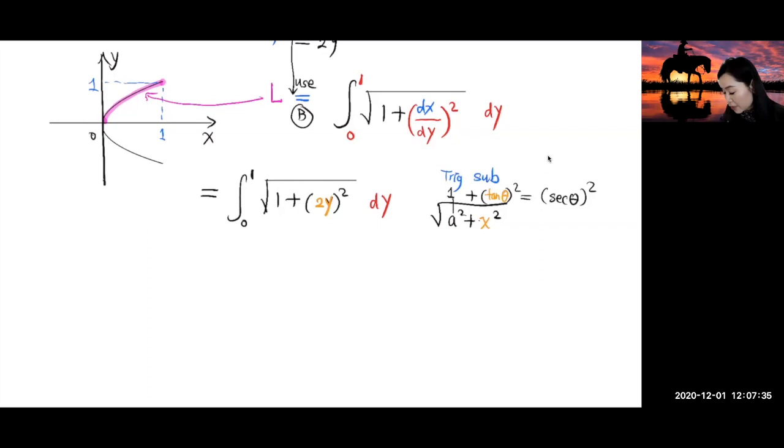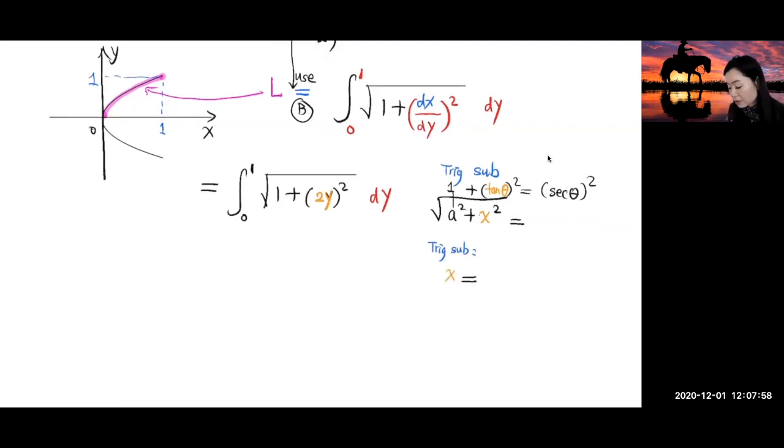So with trig sub, we will have this x equal to a tangent theta, where theta is between negative pi/2 and pi/2.